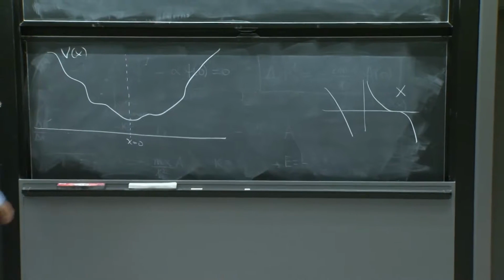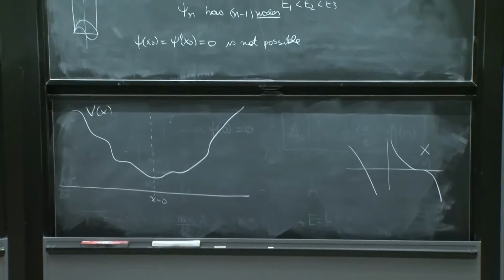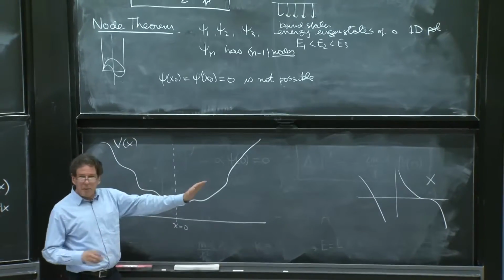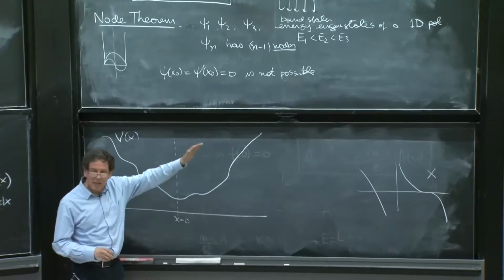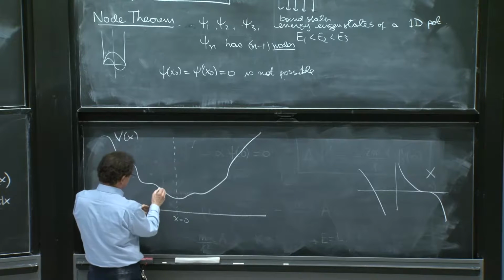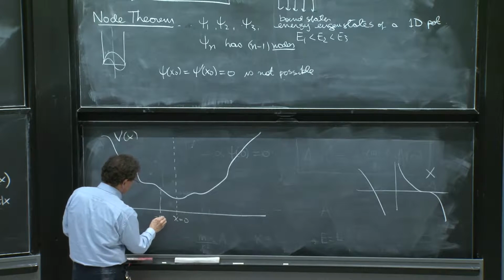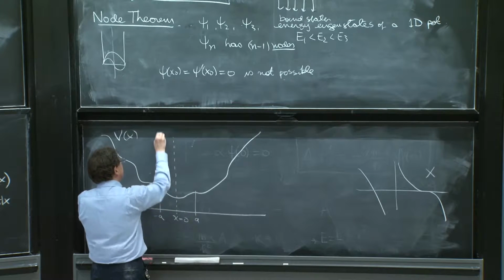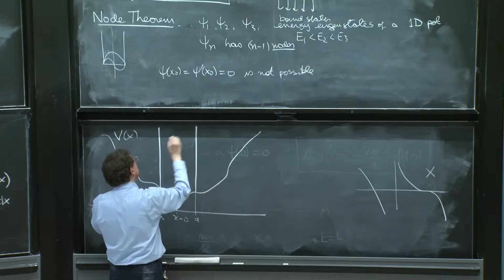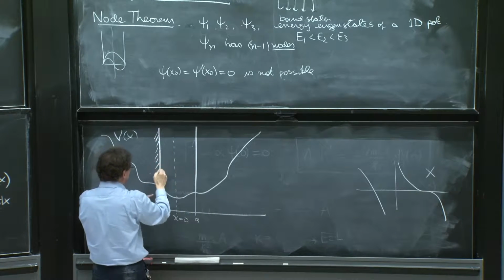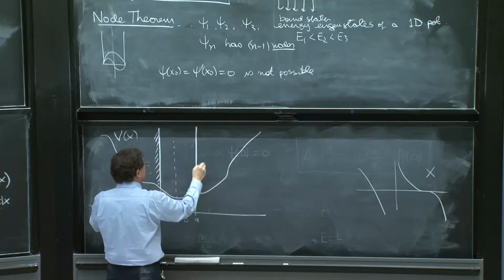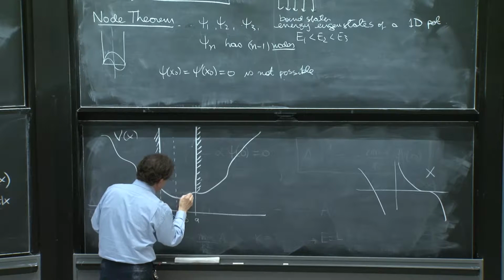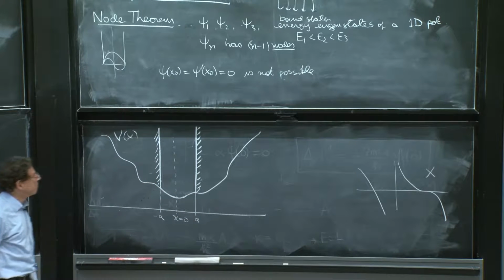So those two facts. And now let's do the following. Let's invent a new potential. Not this potential, but a new one that I'll mark the point minus a here and the point a here, and invent a new potential that is infinite here, infinite there, and has this part all right there.